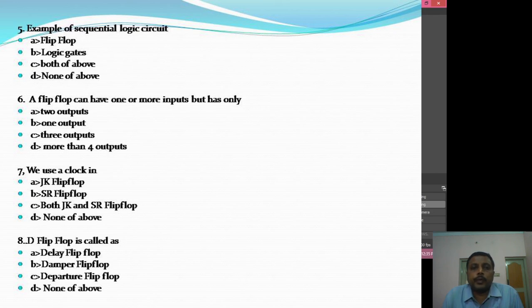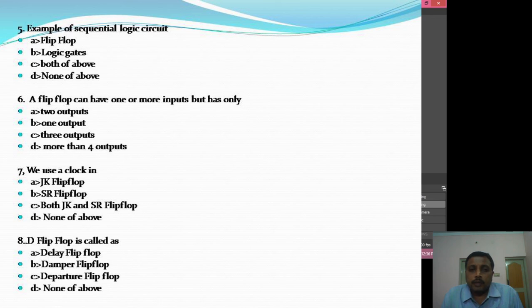Fifth one: examples of sequential logic circuits are flip-flops, logic gates, both of the above, none of the above. The answer is A. A sequential logic circuit will have flip-flops.